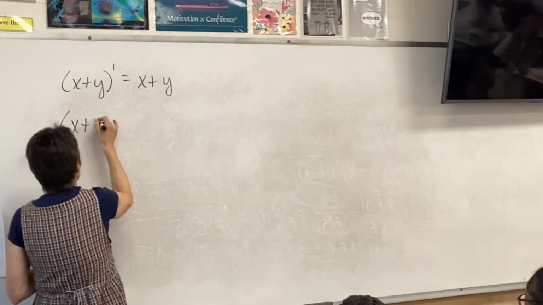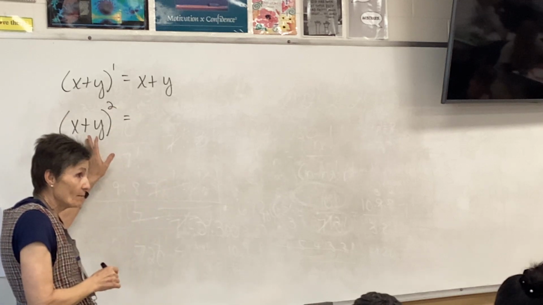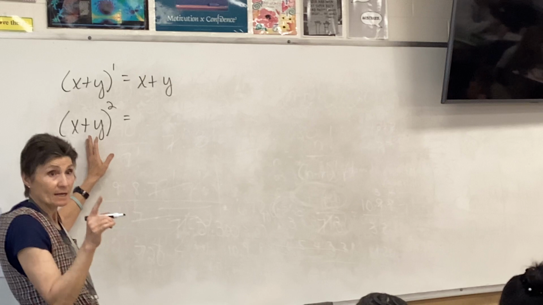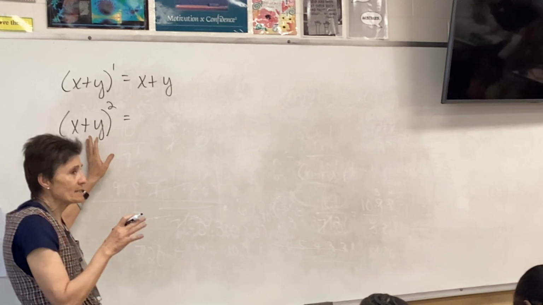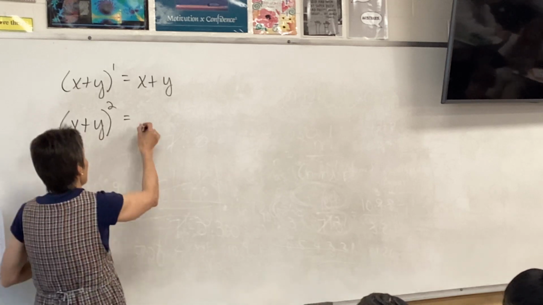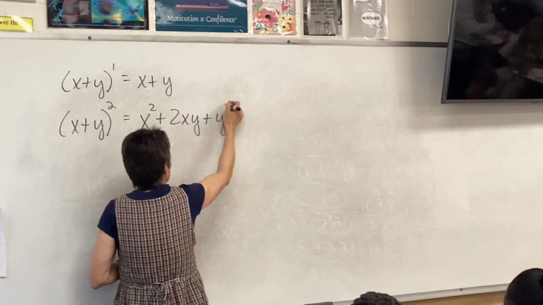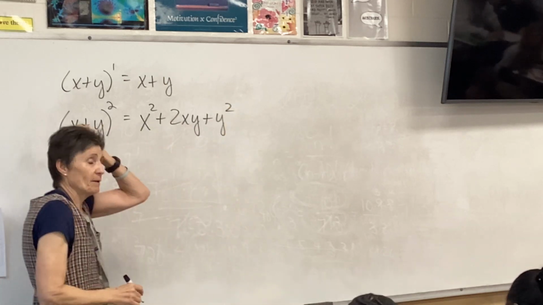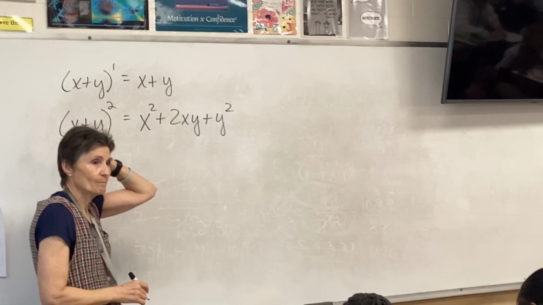X plus y squared, now remember, that means a FOIL. That's x plus y times x plus y. You have done that many times, you could probably just do it in your head. If not, you'll actually FOIL it out. But the purpose of this is not to have you do a ton of foiling.